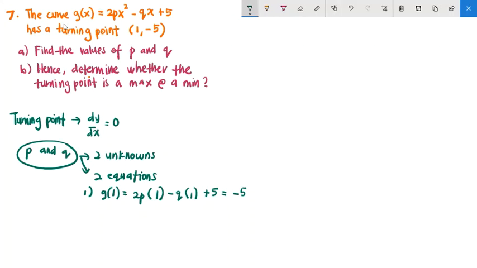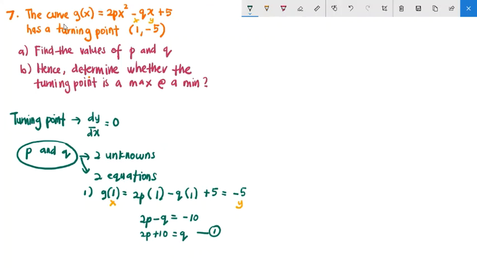This one is x, this is y. So 2p minus q is equal to negative 10, so 2p plus 10 is equal to q. Okay, this is one equation.